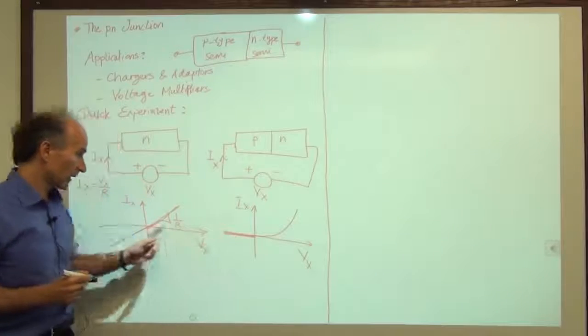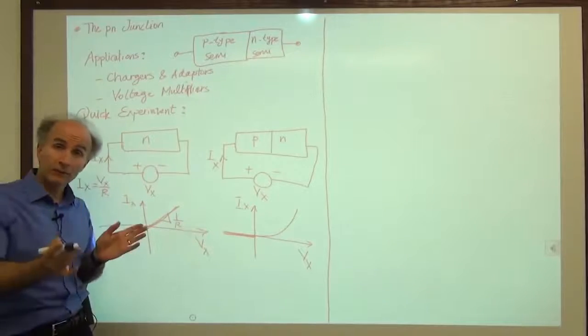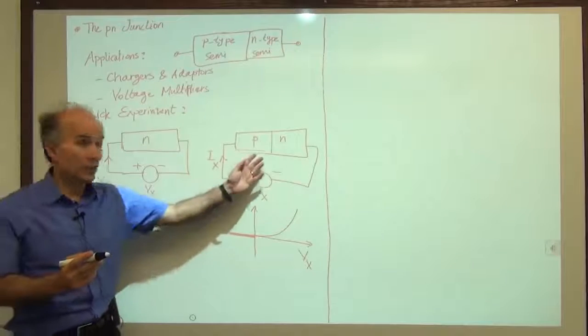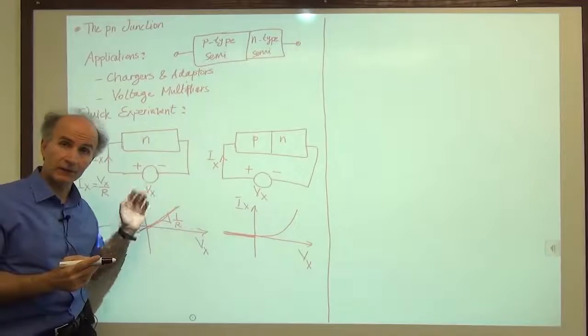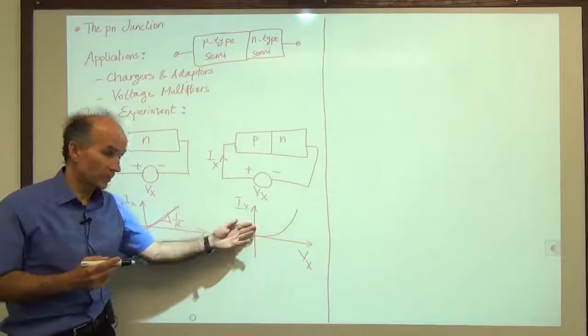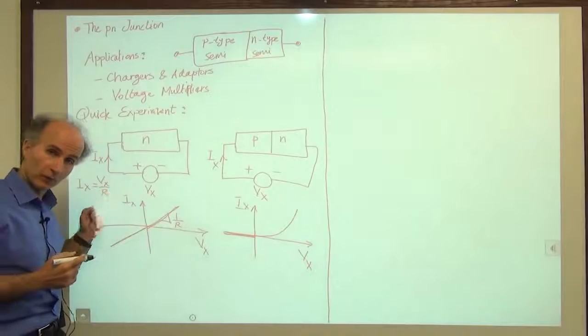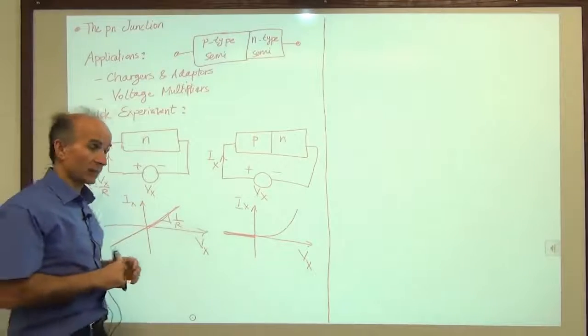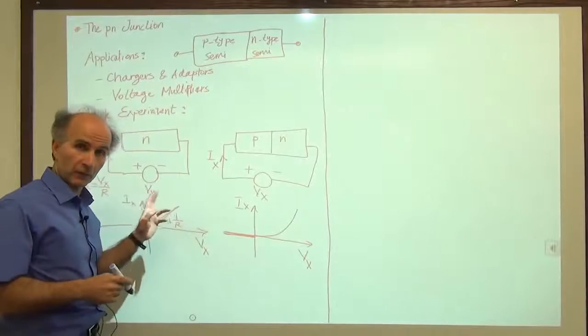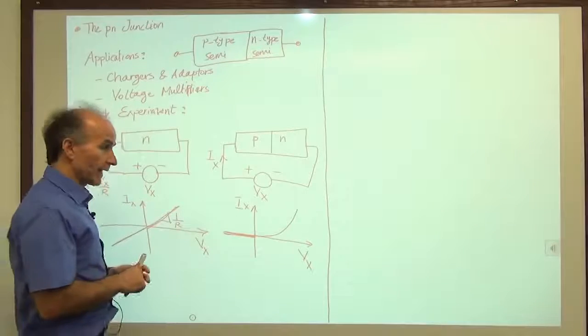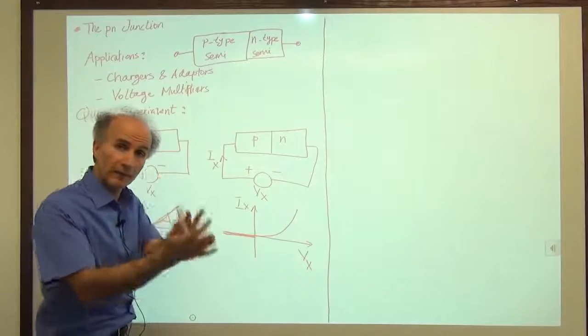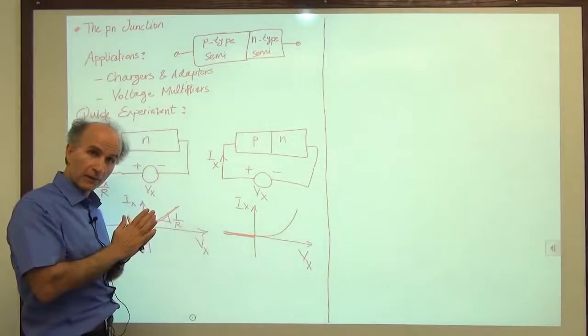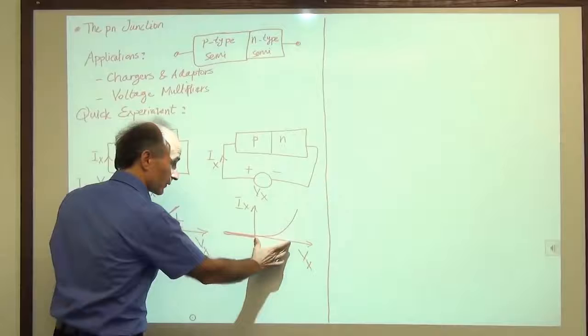So if you compare this with this, you see a dramatic difference between what a p-n junction does and what a resistor does. The p-n junction does not satisfy Ohm's law anymore. It has two types of differences with respect to a resistor. Number one, it has different behavior for positive voltages and negative voltages. Positive voltages, we have current.